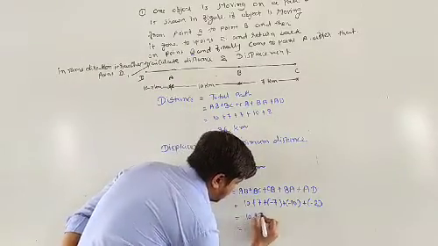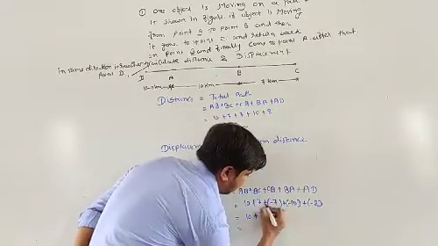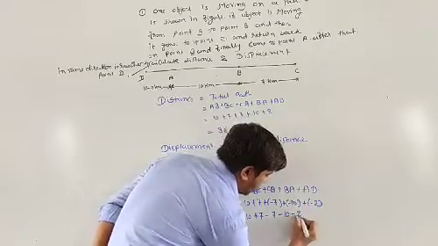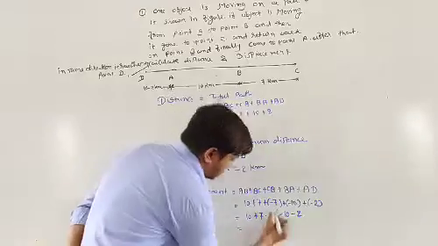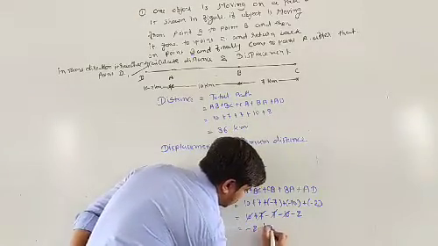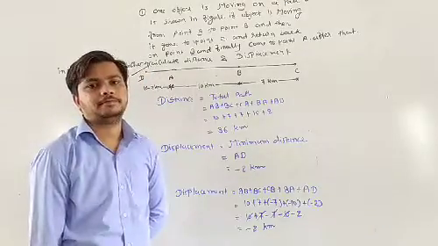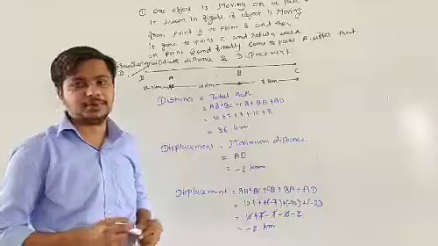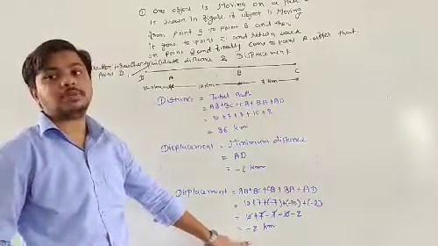So 10 plus 7 minus 7 minus 10 minus 2. So 7 cancels out, 10 cancels out, and you get minus 2 kilometers. Understand it? Okay. So here is one example in which you get the displacement as negative.